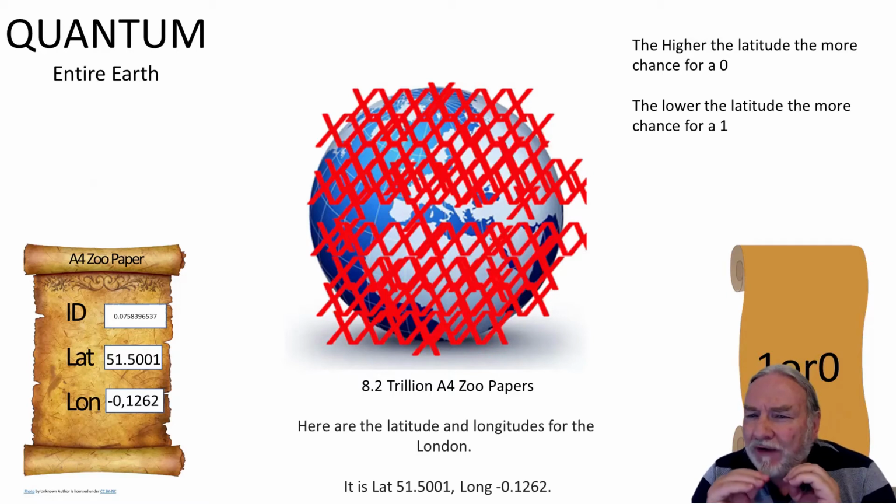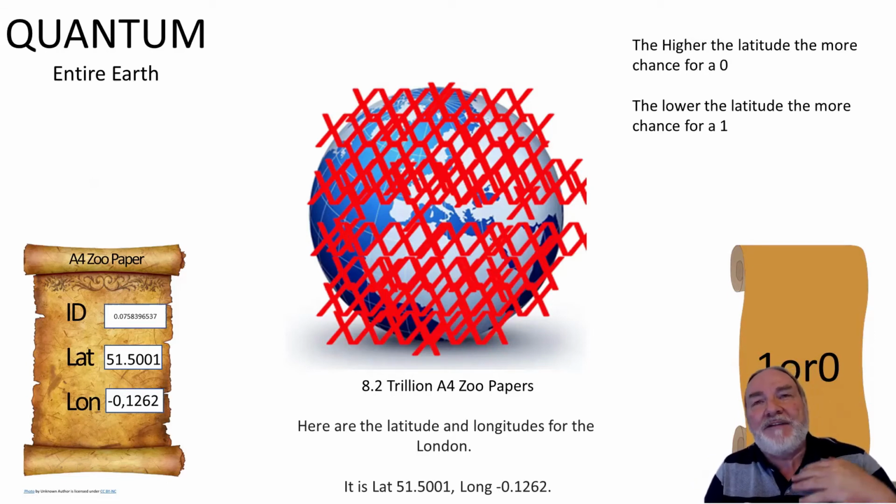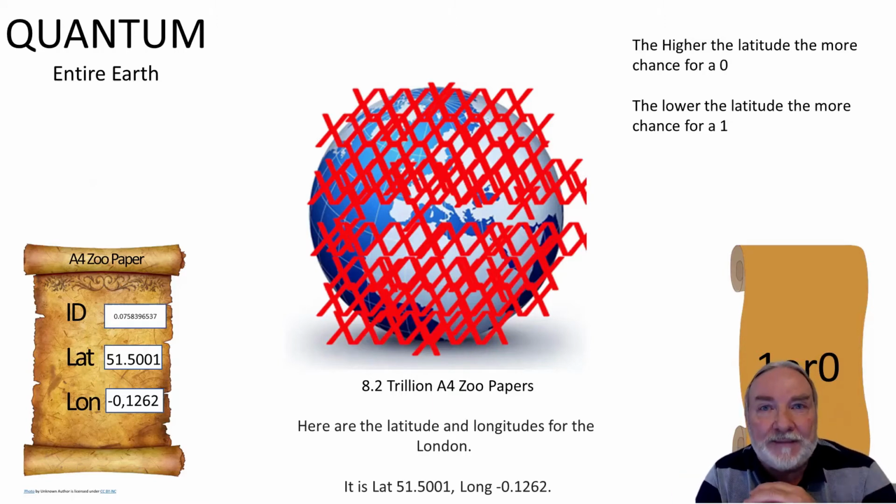There's one thing that is very, very important. This is basically the most important thing to remember. If the A4 zoo paper is in the northern hemisphere, it has a greater probability of being a 0.